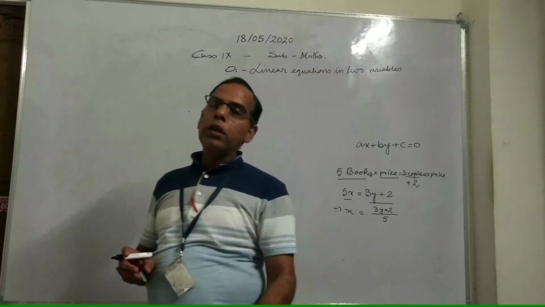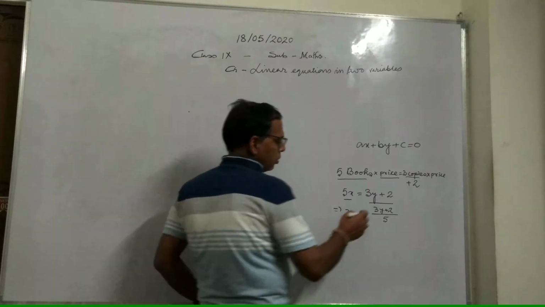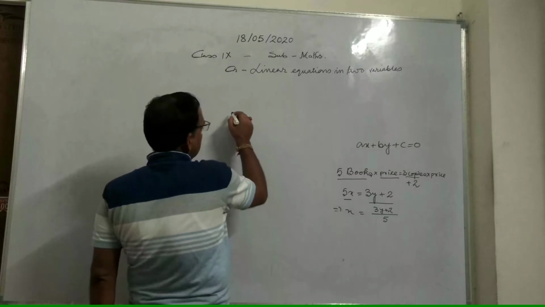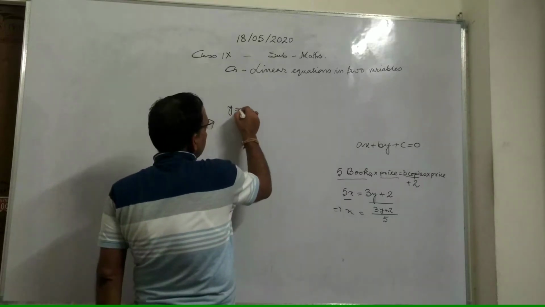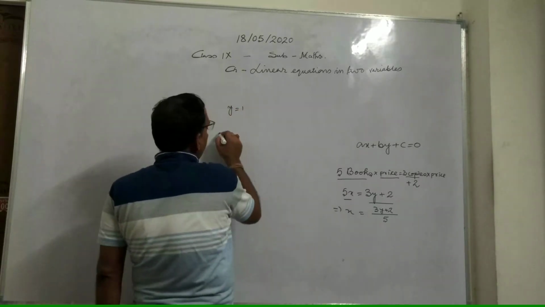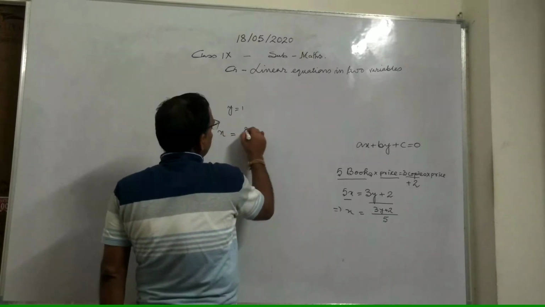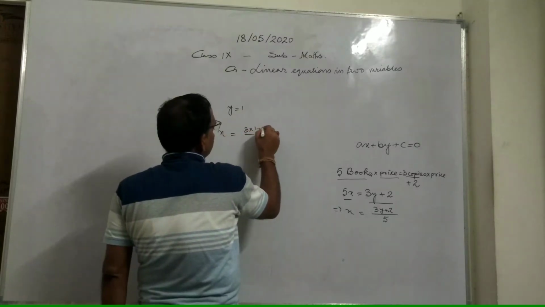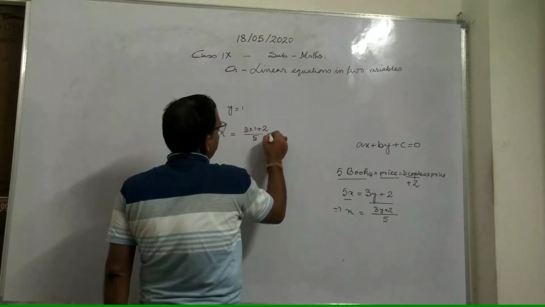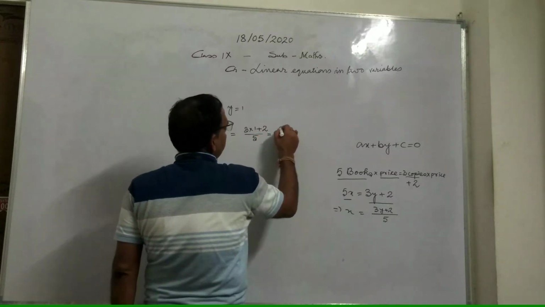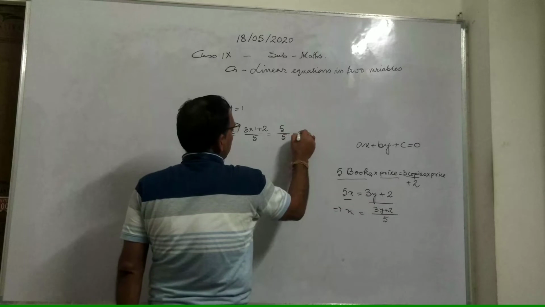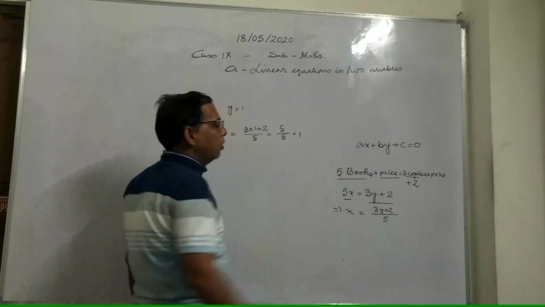So suppose I ask you, let's suppose y equal to 1, then x equal to (3 into 1 plus 2) divided by 5 equal to 5 by 5 equal to 1. If x equal to 1, y equal to 1.